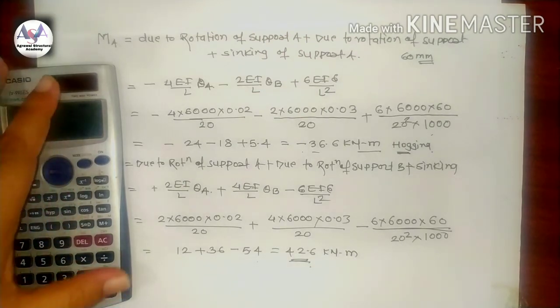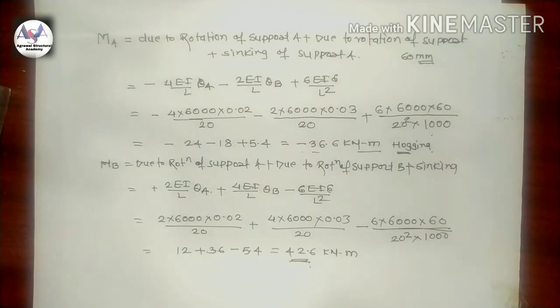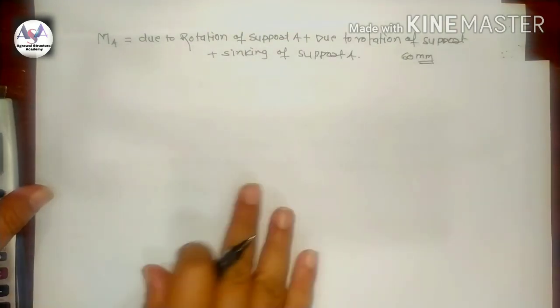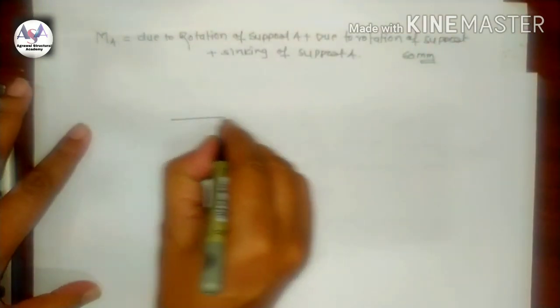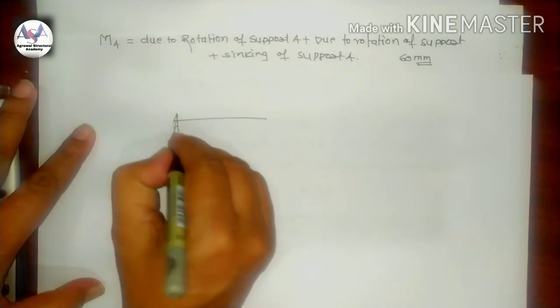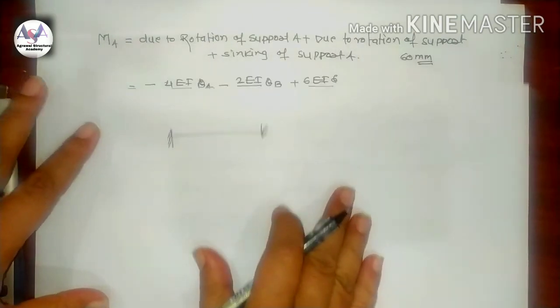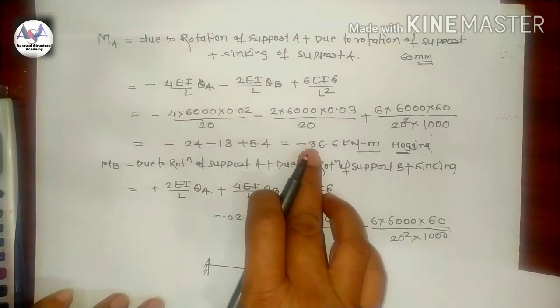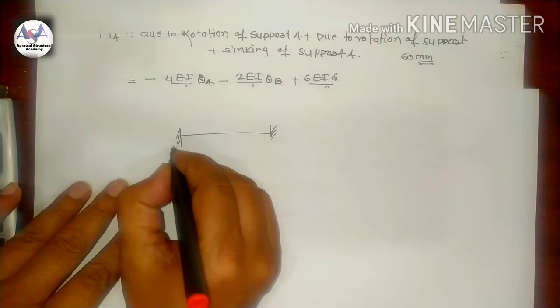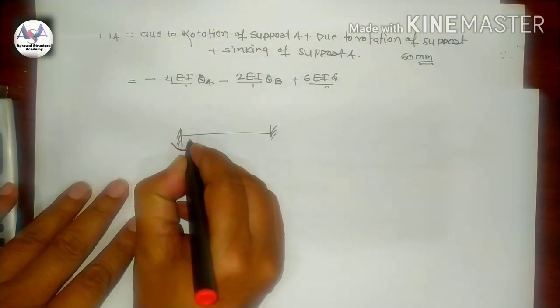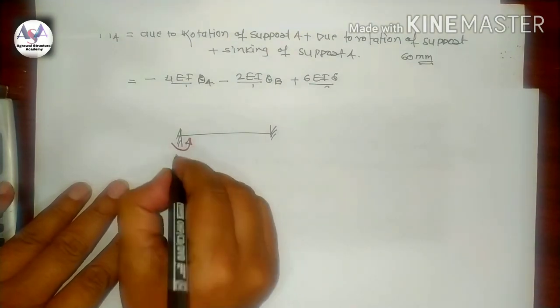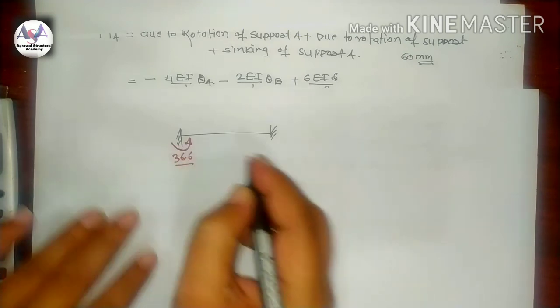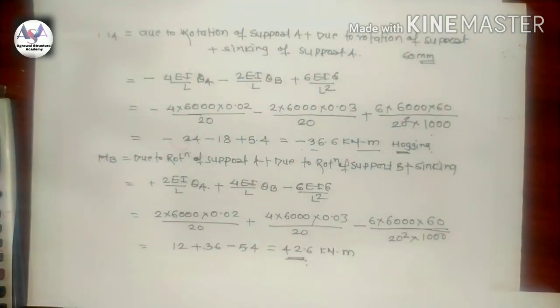Now the last part is the bending moment diagram. If you draw it finally, the moment at support A is minus 36.6, minus meaning anti-clockwise, and here it is plus, meaning clockwise.